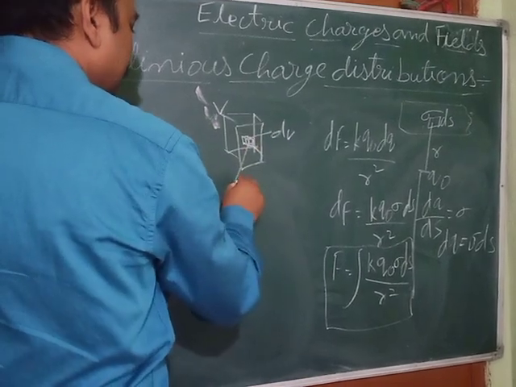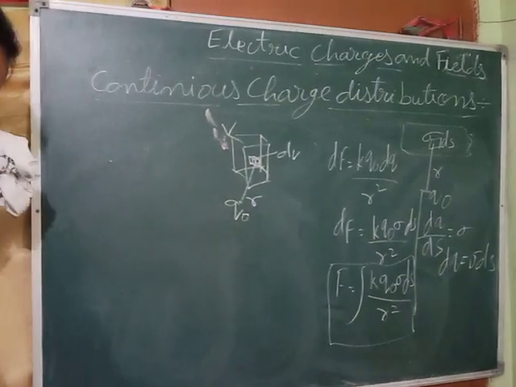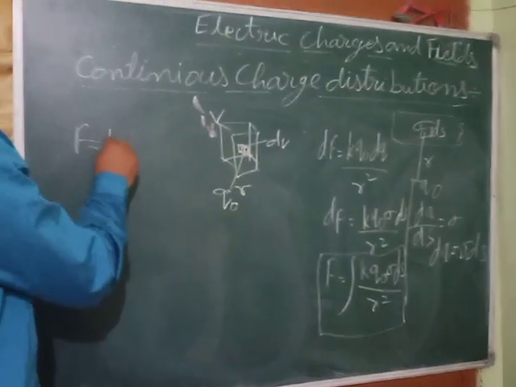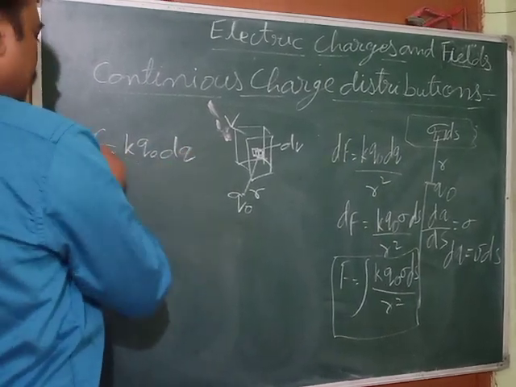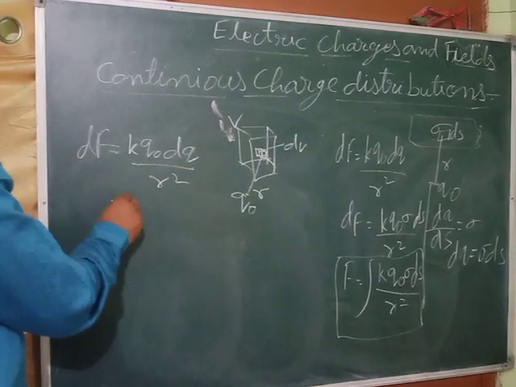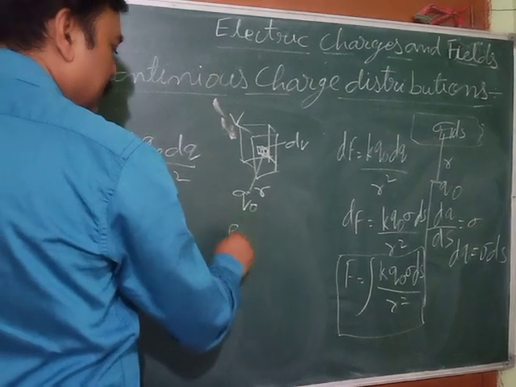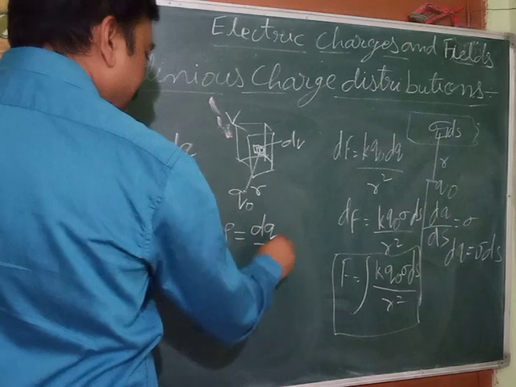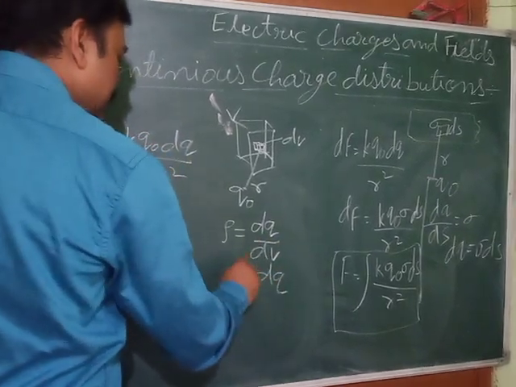At a distance r a charge q naught is there, and you want to find the force between them. Again, the force df is K q naught dq upon r square. Now what is dq? You know very well that rho is equal to dq upon dv, so dq is equal to rho dv.